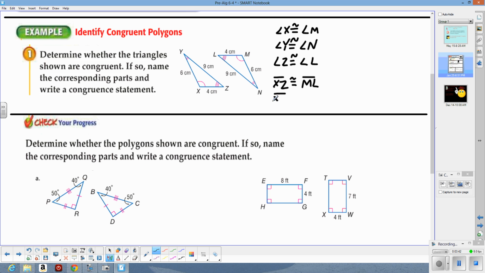XY is congruent to MN. And the last one, the one that's 9 centimeters, YZ is congruent to NL.